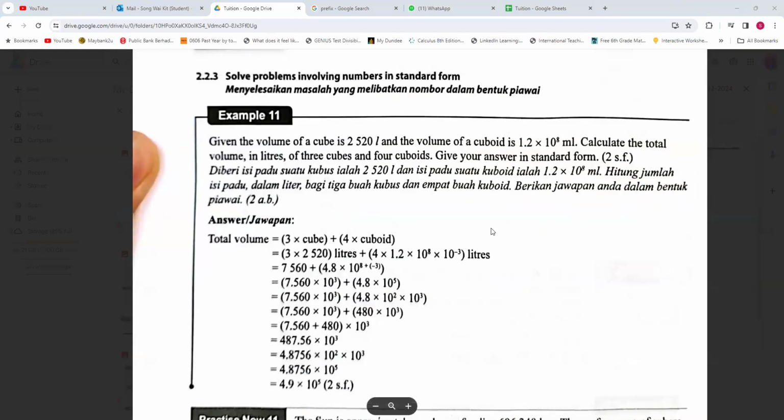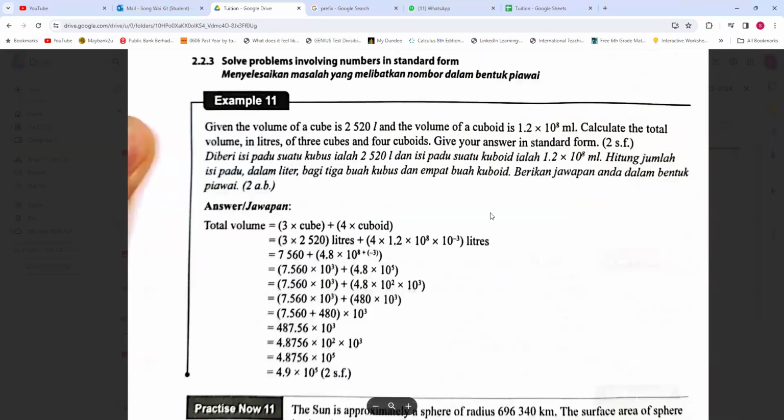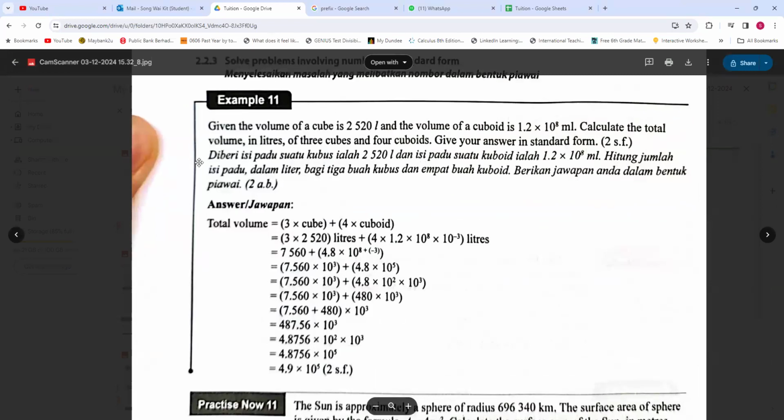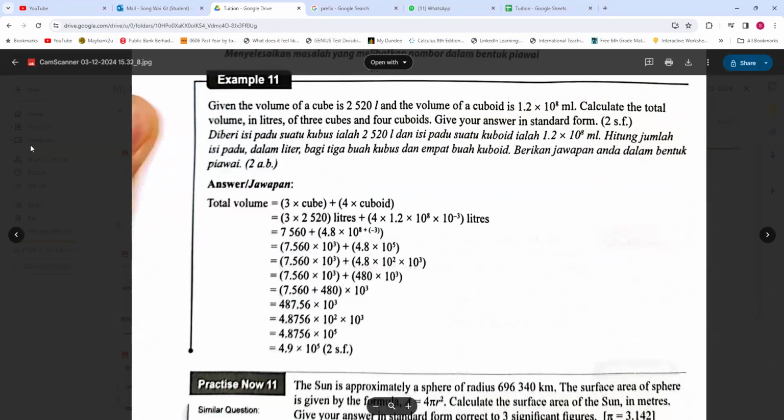Now, the very last question we will deal with for this chapter is a written word question, and we need to be able to change them using some units understanding into standard forms. So let's read example 11. Kenneth, read example 11.